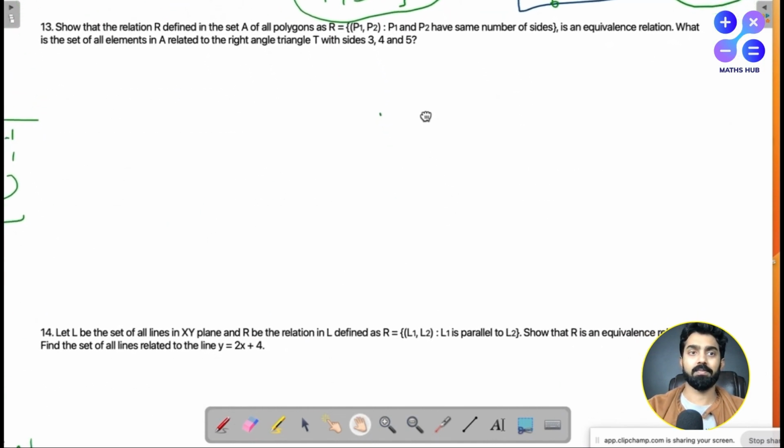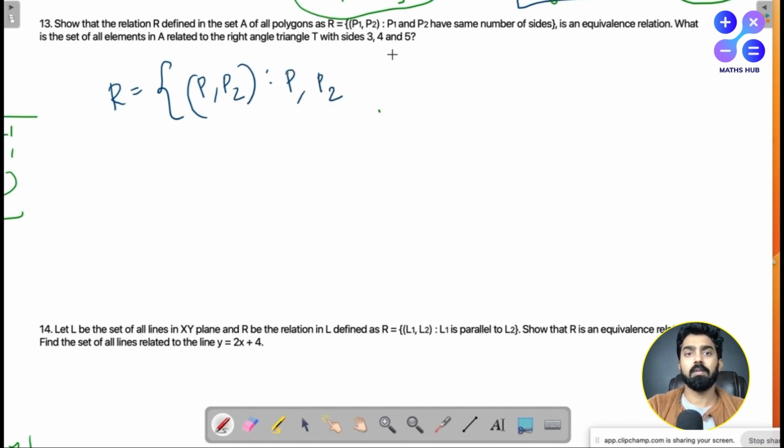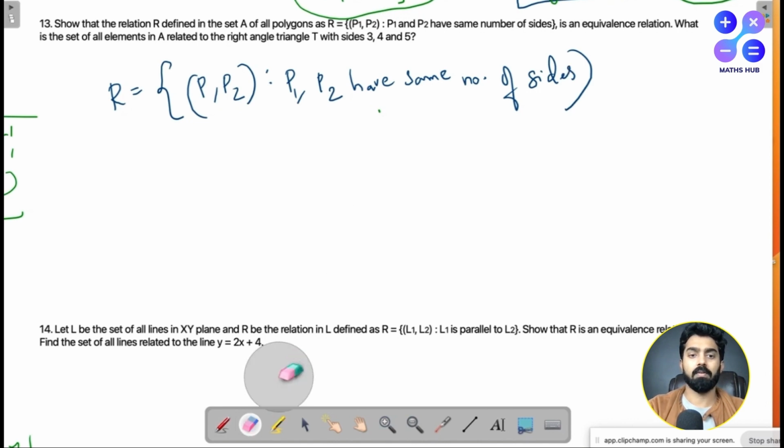Let's go to the next question. Show that the relation R defined in a set A of all polygons, as R is (P1, P2) such that P1 and P2 have the same number of sides, is an equivalence relation.